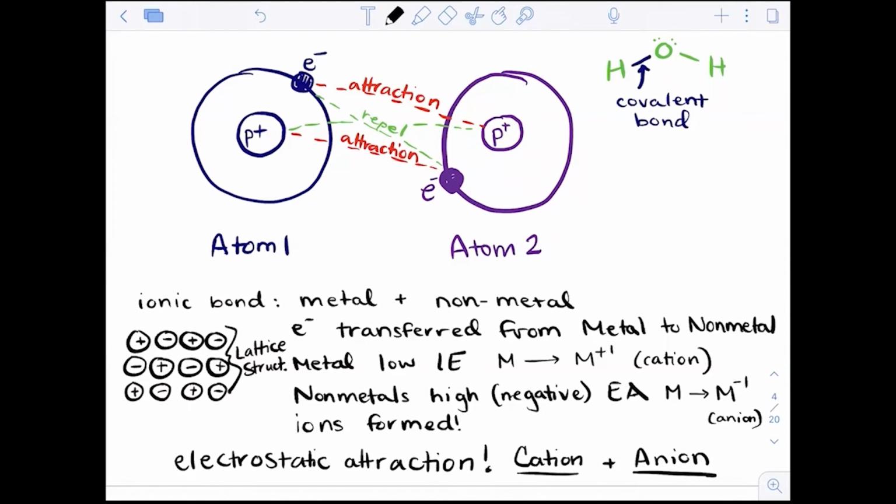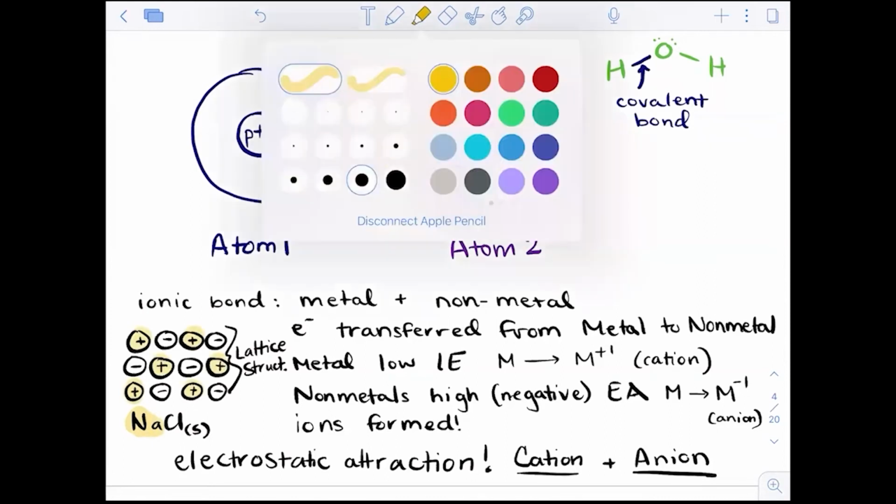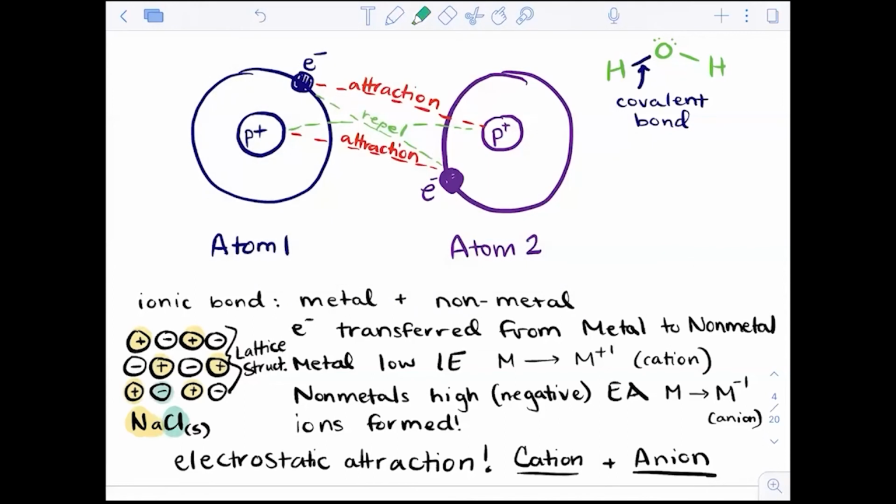So in a solid state, when we have something like sodium and chlorine coming together to be sodium chloride solid, we have some sodiums. Sodium is the metal, so we know it's going to be the cation. We have some chlorines. Chlorine is the nonmetal, so it's going to be the anion.